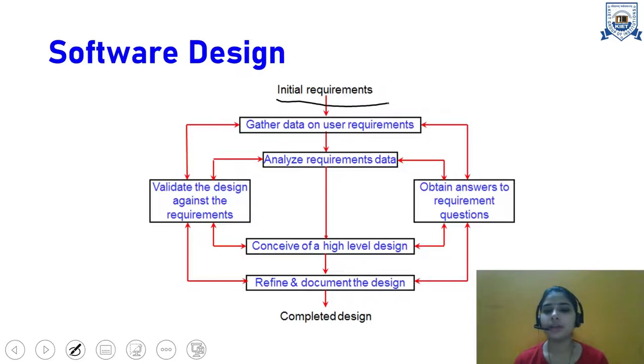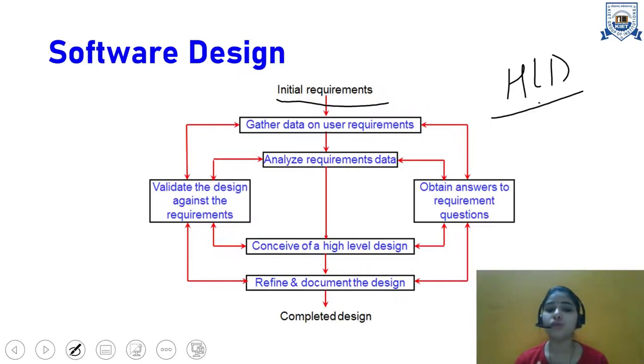Then we are able to design a high level design. High level design is a kind of overall design where the detailing is not mentioned. So when we analyze all the requirement documents, we are able to design the high level design.